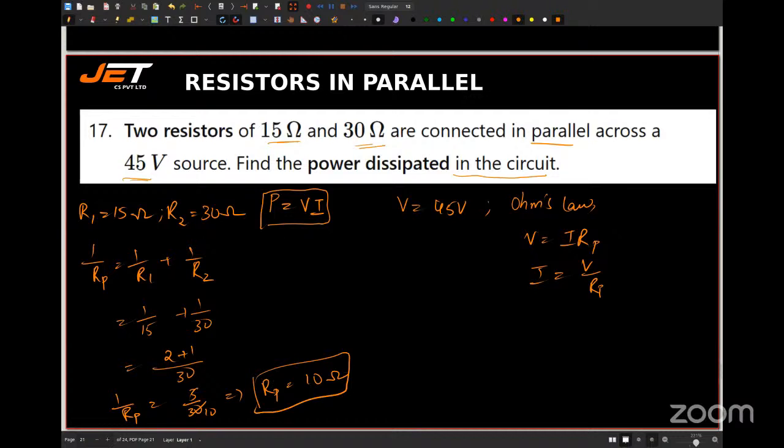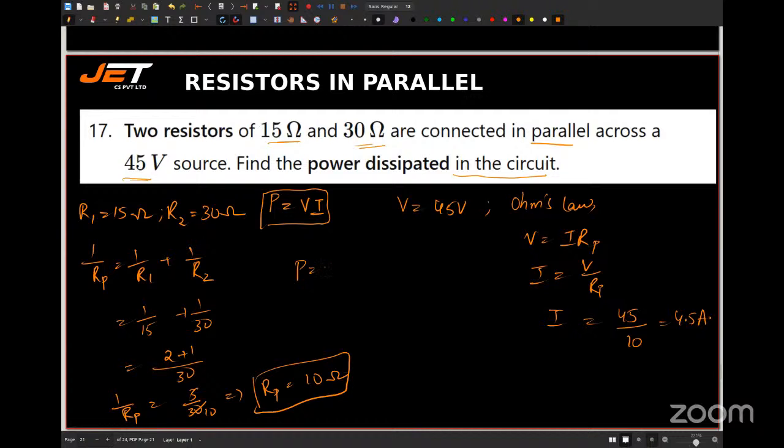The question is not finished. We have to find out what is the power dissipated. Now what is power? So substitute current now. I is equal to V by RP, right? What is voltage? It is 45, and resistance is 10. 45 by 10 gives 4.5 amperes. This is the current. Now we need to find out the power dissipated.